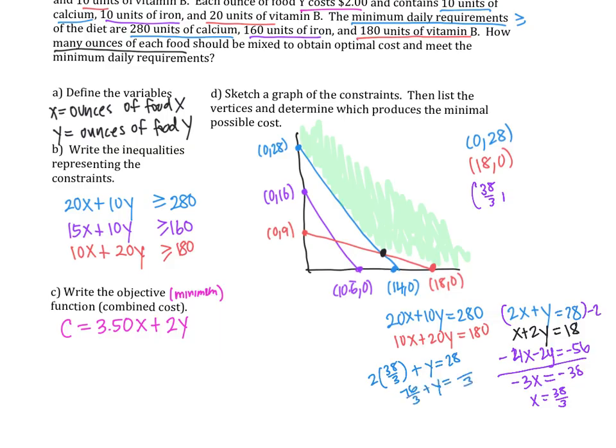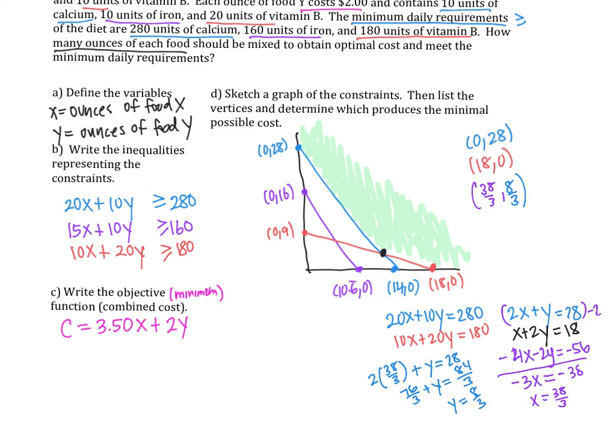That's 28 times 3. 84. 84 minus 76 is 8 over 3. So 38 over 3, comma 8 over 3.